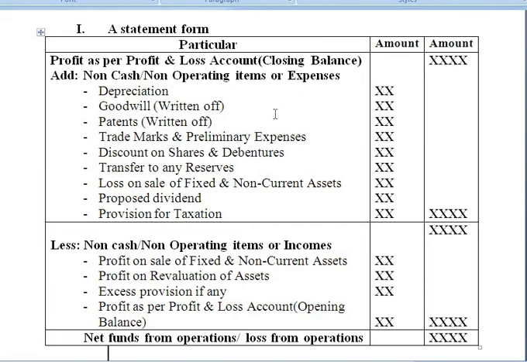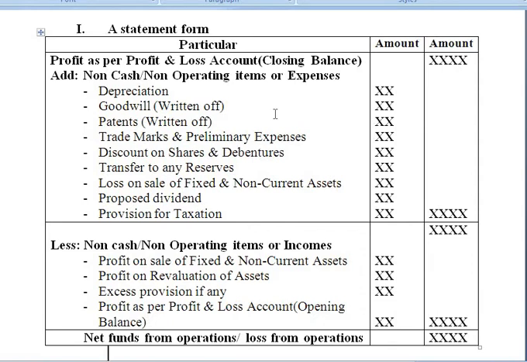Non-cash or non-operating expenses are those expenses which are not related to the operating activities of the business. Those expenses we adjust in the profit.